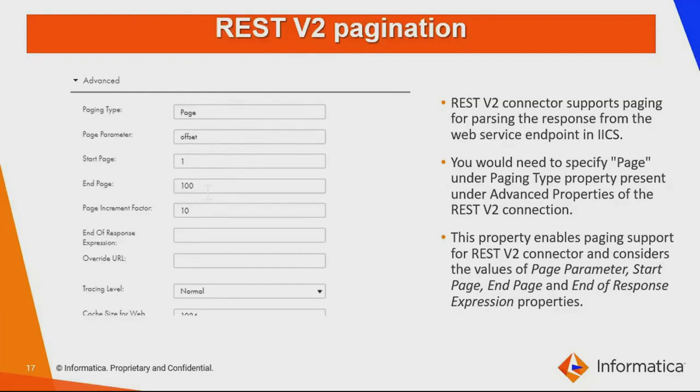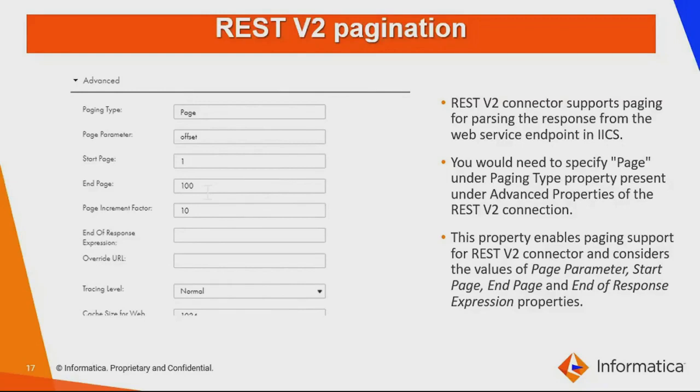You need to specify page under the paging type property present under advanced properties of the REST V2 connection. Once you set this paging type property to page, it enables paging support for the REST V2 connector and considers the values that you set for page parameter, start page, end page, and end of response expression properties.